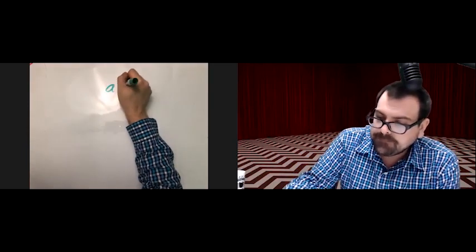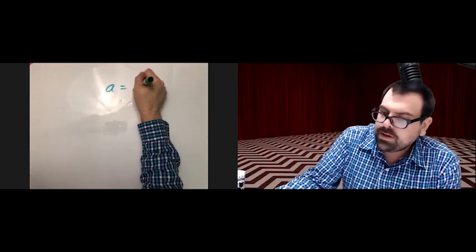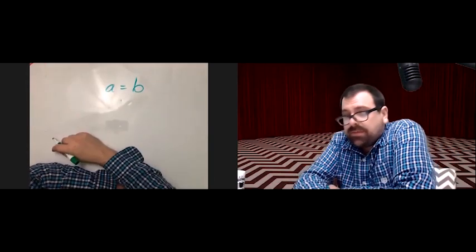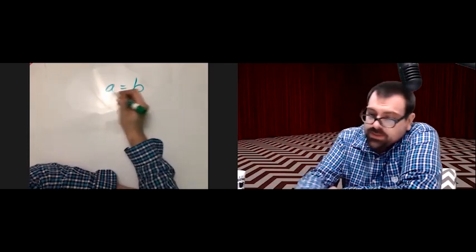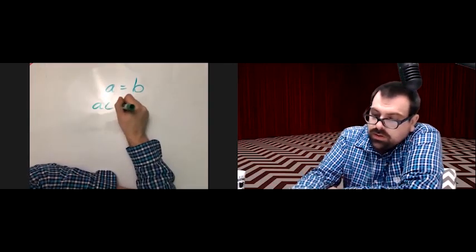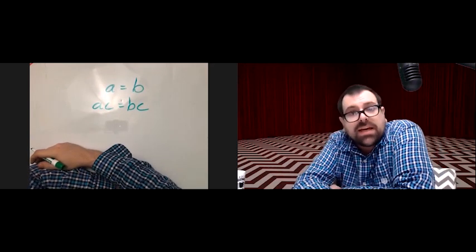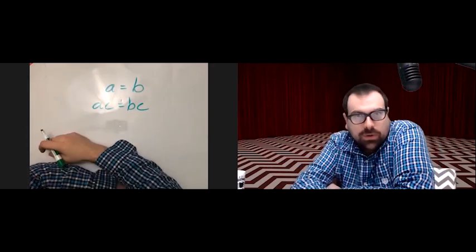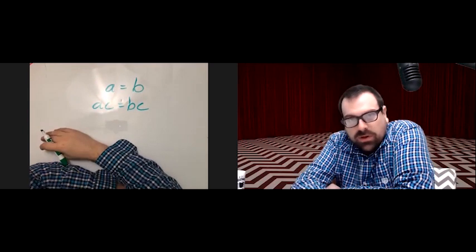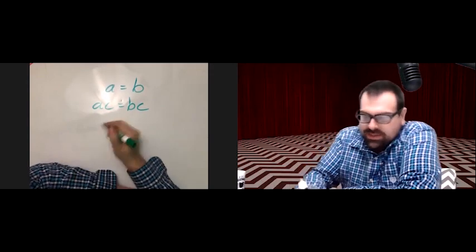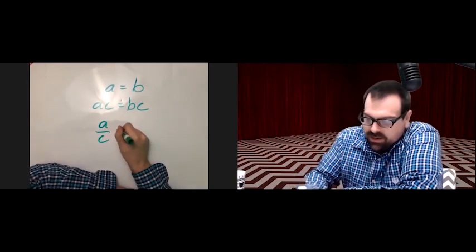The multiplication property of equality, similar to the addition one. The addition one said we can add the same thing to both sides and keep things equal. The multiplication one says we can multiply both sides by the same thing and keep it equal. And where we go with multiplication, we can go with division, dividing both sides by the same thing.